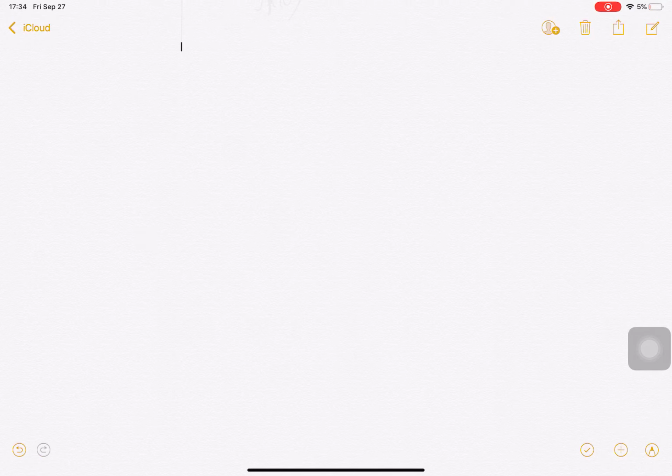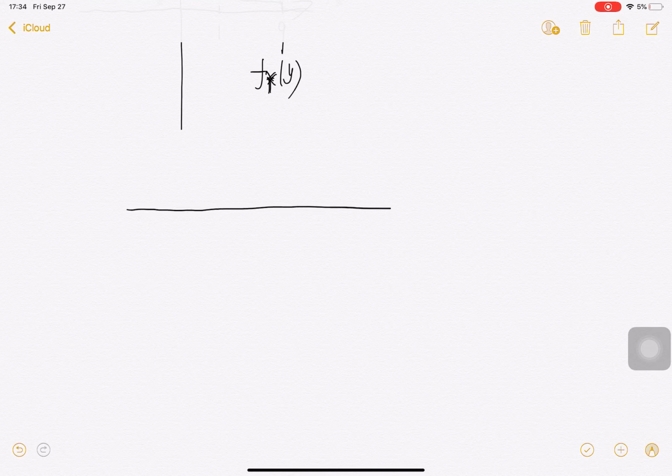Then let's draw the density function. This is 1, this is 9.